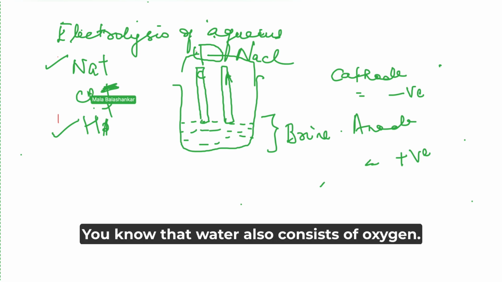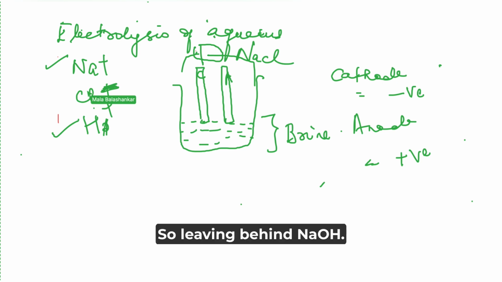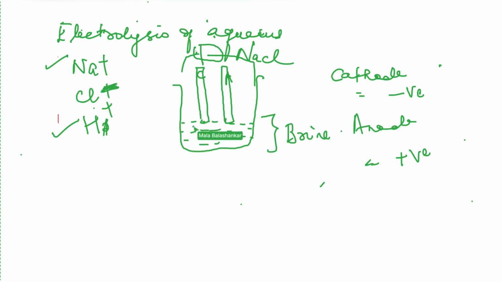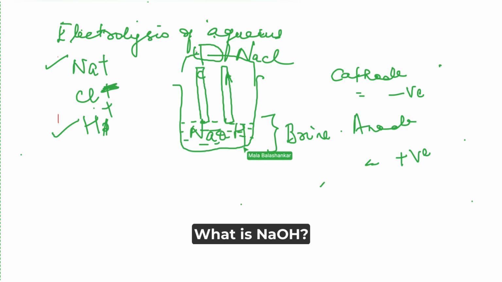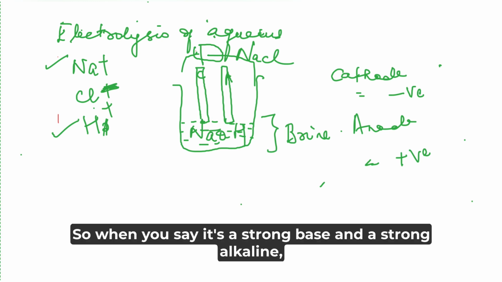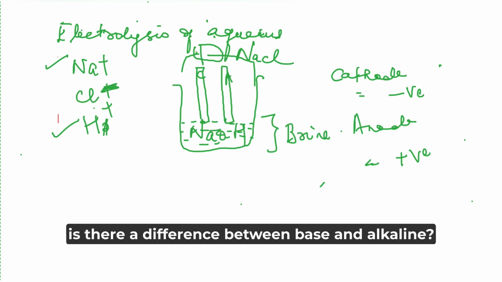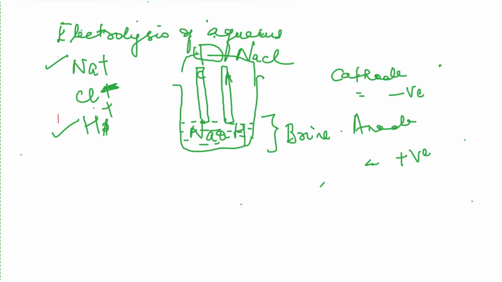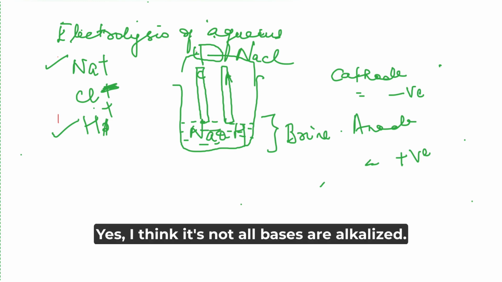You know that water also consists of oxygen, so leaving behind NaOH. What is NaOH? Sodium hydroxide. It is a strong alkali, a strong base. Is there a difference between base and alkali? Yes, all alkalis are bases, but not all bases are alkalis.